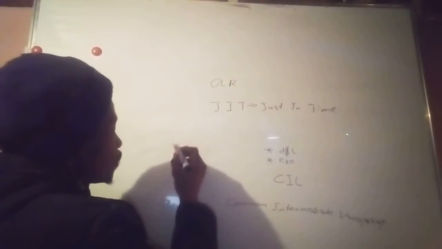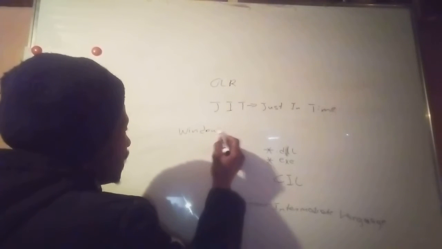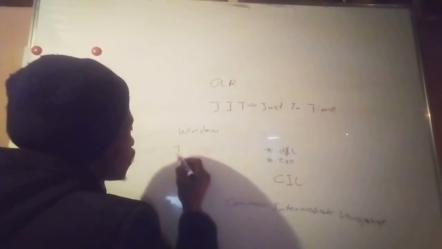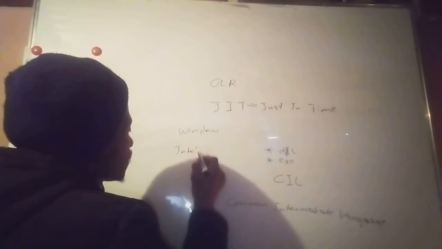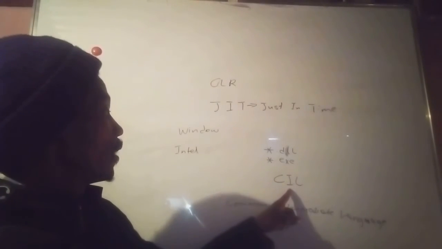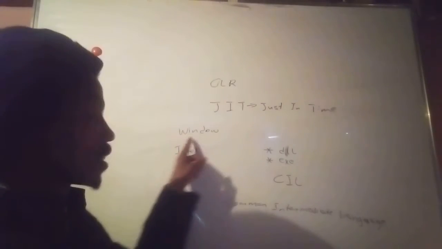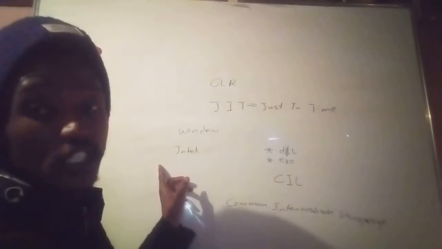For example, if your application is executing within a computer that makes use of Windows and has an Intel microprocessor, the JIT is going to take this CIL and convert it to make use of the Windows features and be understood by the Intel microprocessor.